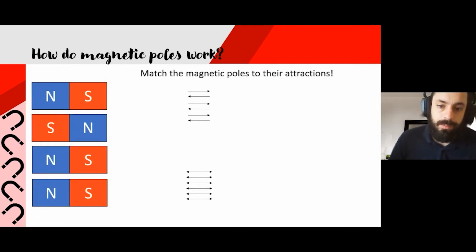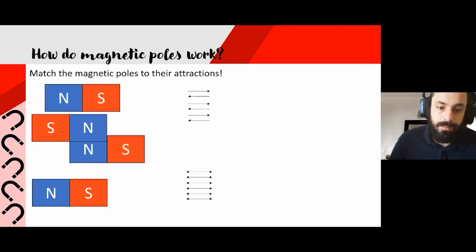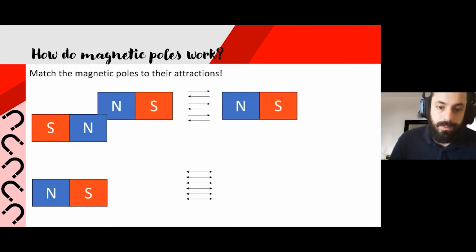Okay, so try to match the magnetic poles to their attraction. That will be the first one, guys. So we've got south and north. They are attracting each other. So south is trying to move towards the north, and north is trying to move towards the south.